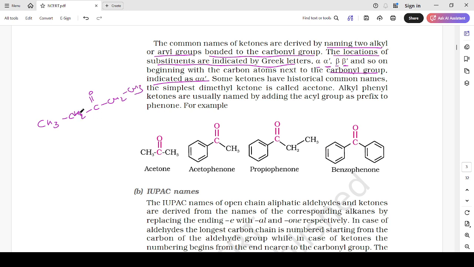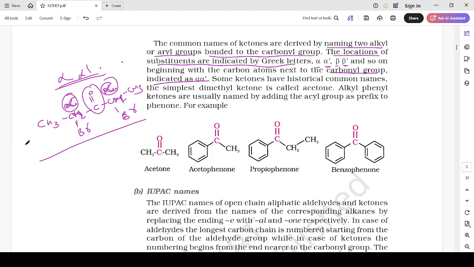To this, a bromine is there. To this, another bromine is there. For this carbonyl, the next one is alpha. Similarly here, the next one is alpha dash. So this is alpha, and this is alpha dash. Alpha, alpha dash, dibromo. Then I will call it with the ketone name here.